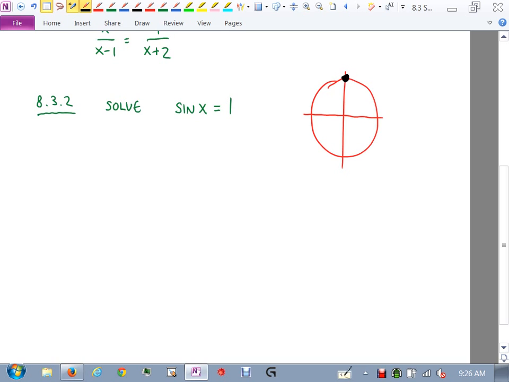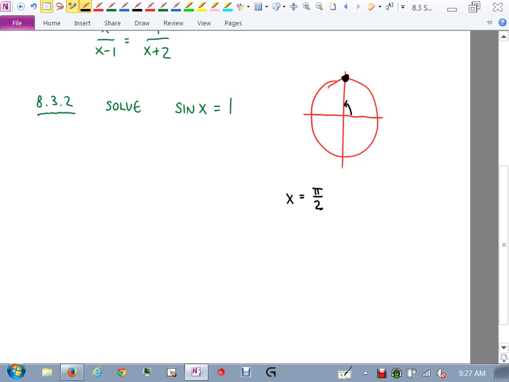We've done this before. This is not brand new. So what we're going to have is an angle, an x value of pi over 2. Does everyone agree that that is a solution? Sine of pi over 2 is 1. But is it the only solution?